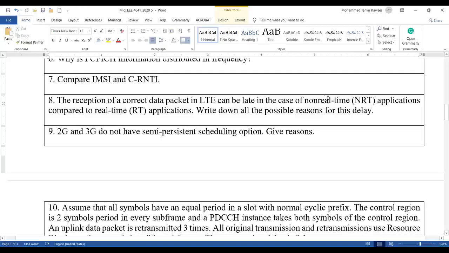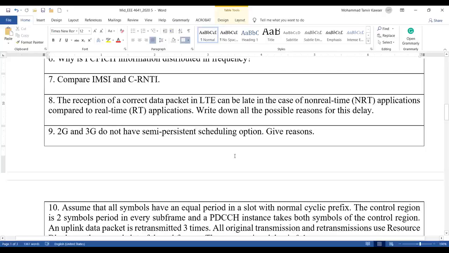And if you again have wrong detection, wrong reception of data, then TCP will perform retransmission. So you see, the retransmissions cause some delays.